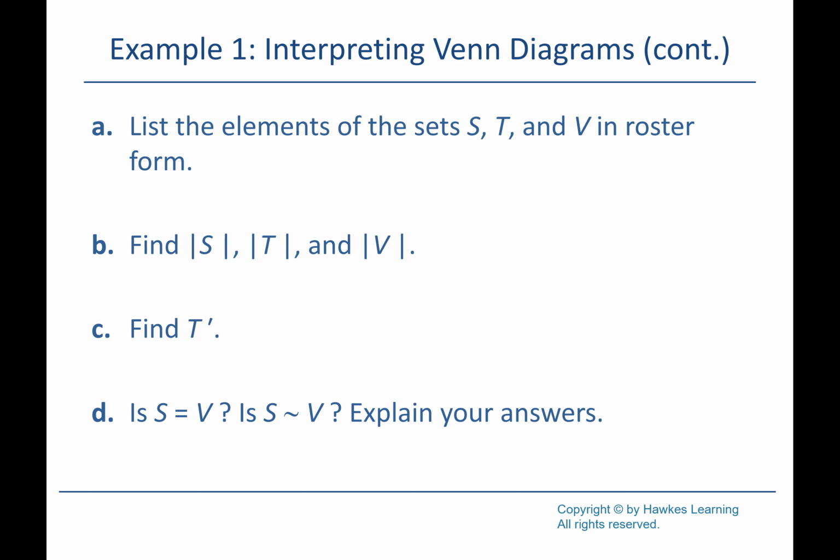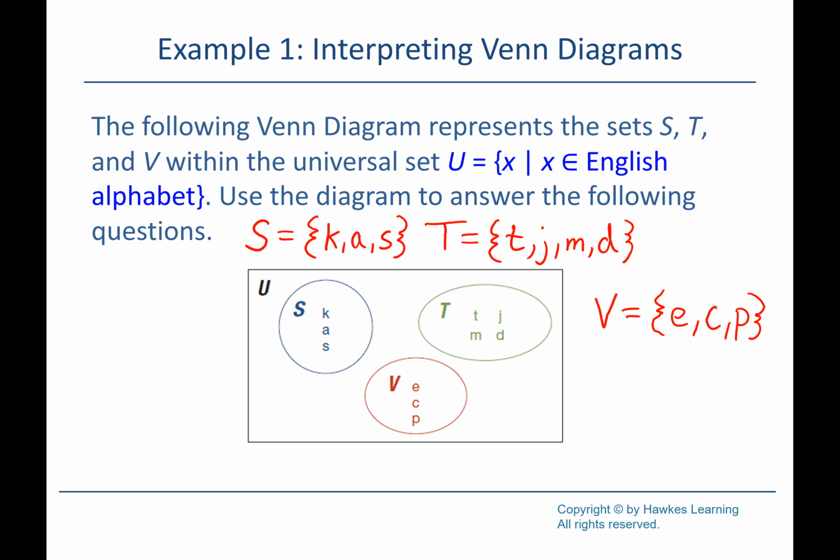The thing that looks like absolute value is the cardinal number. So here, the cardinal number of set S, we've got 3 elements in there. Cardinal number of set T, we've got 4 in that one. And then the cardinal number of set V, we've got 3 in that one.